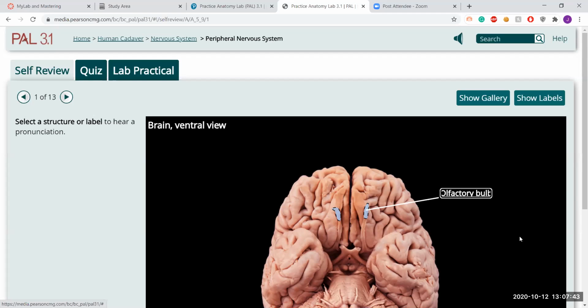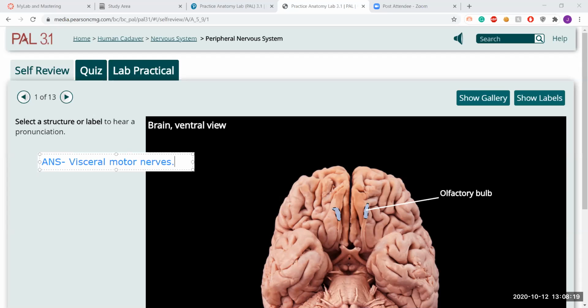Let me write it down here. So ANS, which is called the autonomic nervous system, is visceral motor nerves.